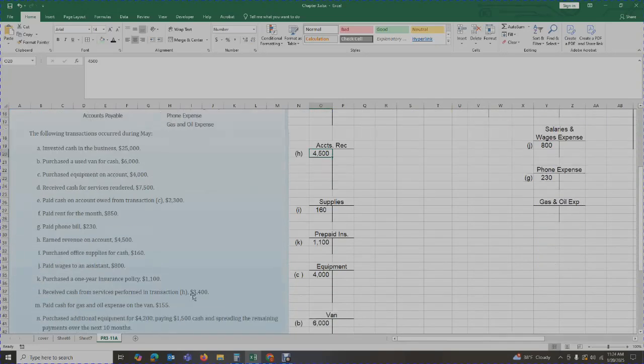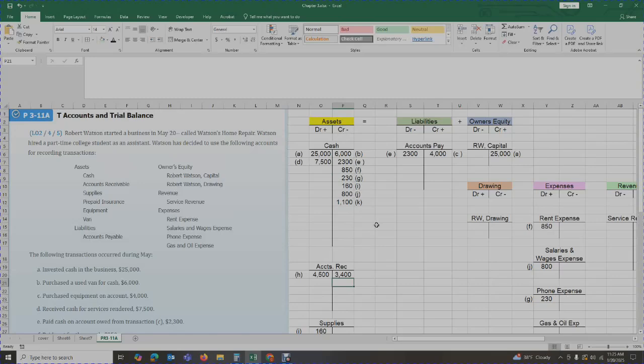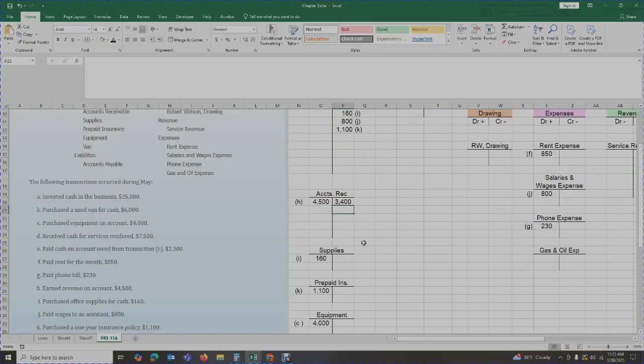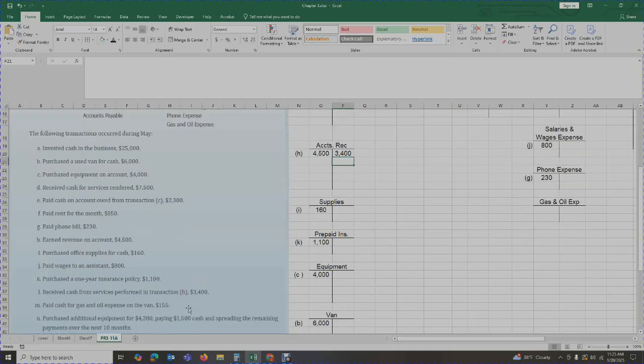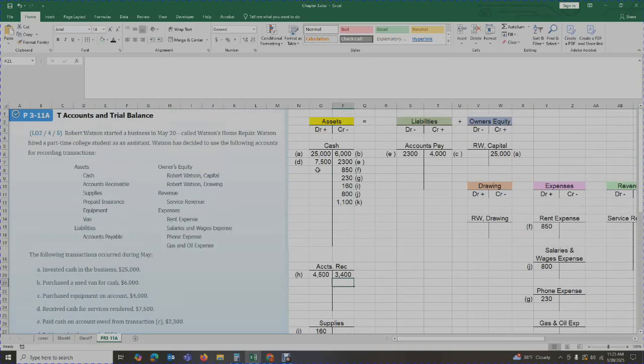How much did they pay me? They paid me $3,400. So my accounts receivable balance is decreasing with a credit by $3,400. Whatever is owed to me is decreasing. Now it says here that you received cash. Now you've actually gotten paid for it.